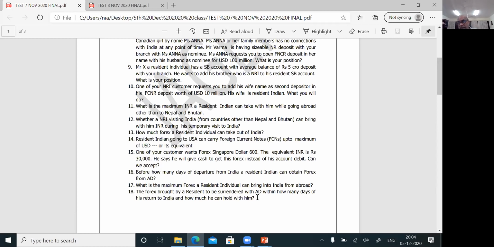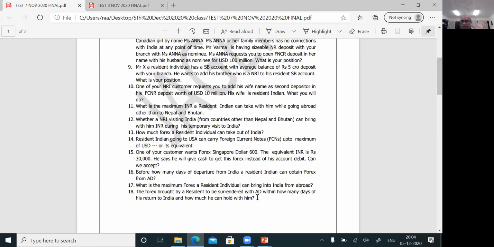Whether you can hold something with you in your house: that is before surrendering. Yes, you can hold a maximum of US dollar 2,000. You can hold foreign traveler's checks, FDD or foreign currency notes put together, a maximum of US dollar 2,000 or its equivalent, in your house, in your double lock, in your Godrej almirah. Coins, whatever coins you have brought, you can hold with you.